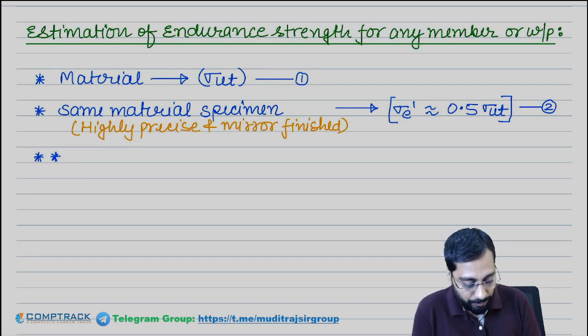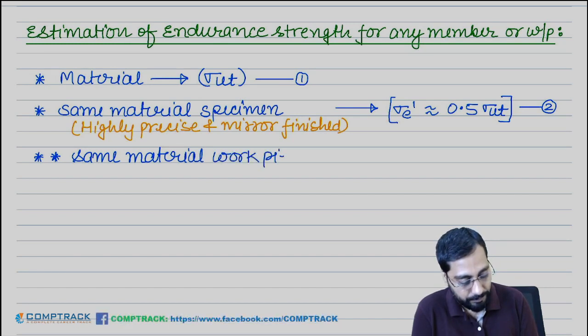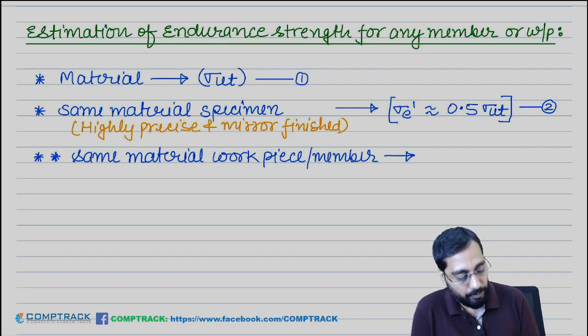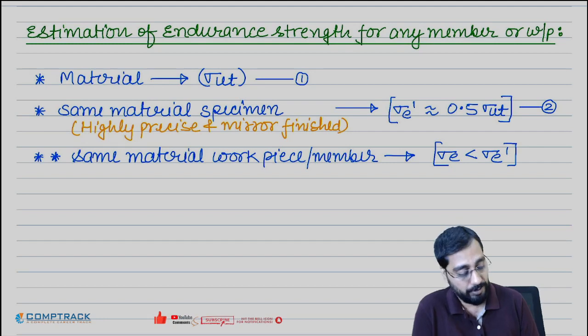So for the workpiece, the same material workpiece, or you can say member, for that you want to get the endurance strength. This endurance strength will be lesser than the endurance strength of the specimen, because the specimen is very highly polished.